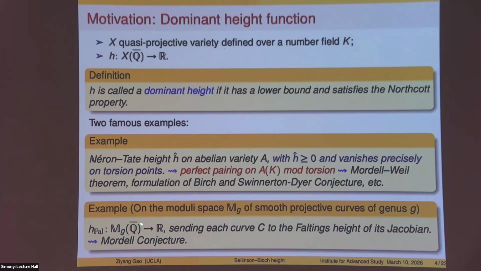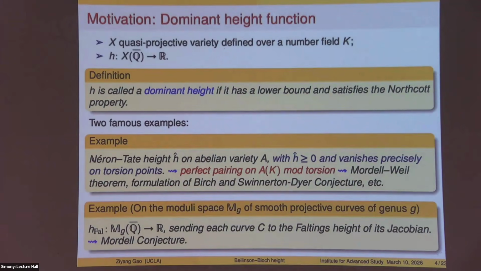So for each curve defined over Q bar, we can associate the number, and we call it the Faltings height or stable Faltings height. And this was used to prove the Mordell conjecture. Okay, so these are 2 examples of dominant height functions. By the way, proving that this height is a dominant height is one big part of the proof of the Mordell conjecture.